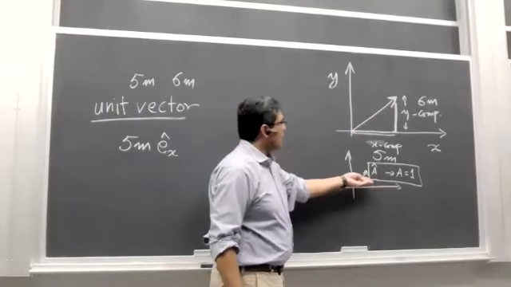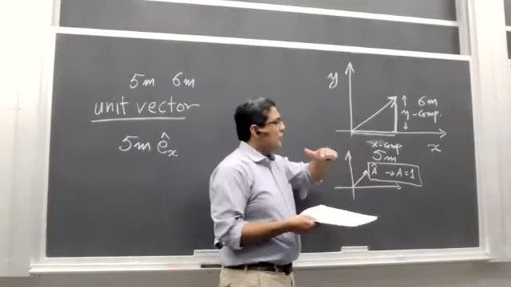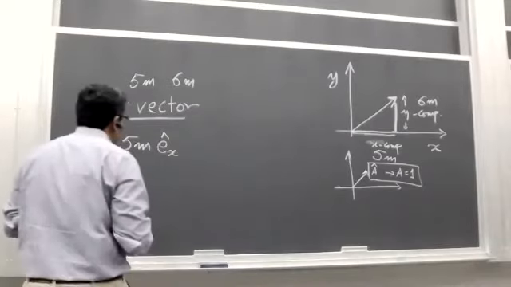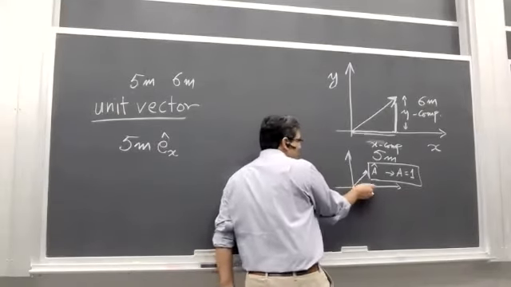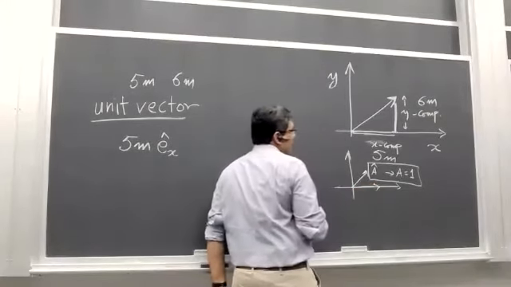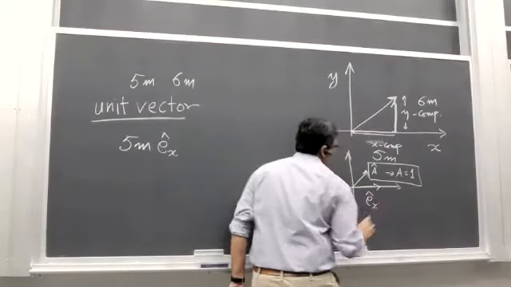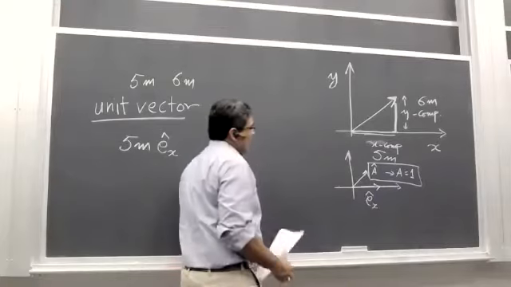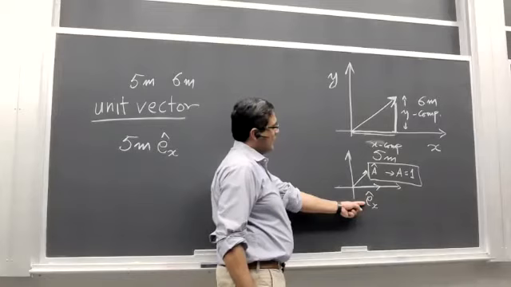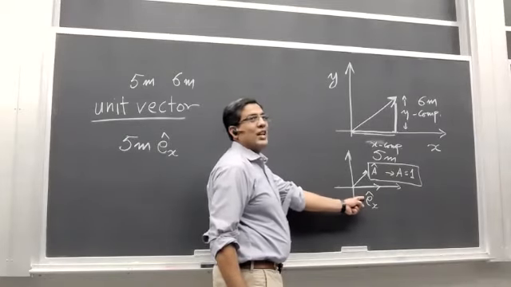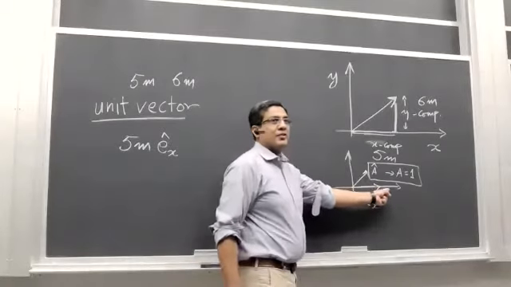The only special thing about it is that it is of exactly 1 unit length. But this is more special. If you have a unit vector in x-axis, that is a bit special. So we call it Ex, for example, here, and we denote it with a hat. Okay, so E and the hat indicates that it's a unit vector, and x tells me that it's a unit vector in the x direction.